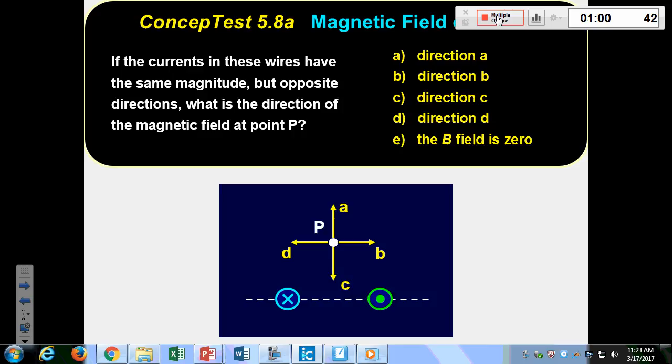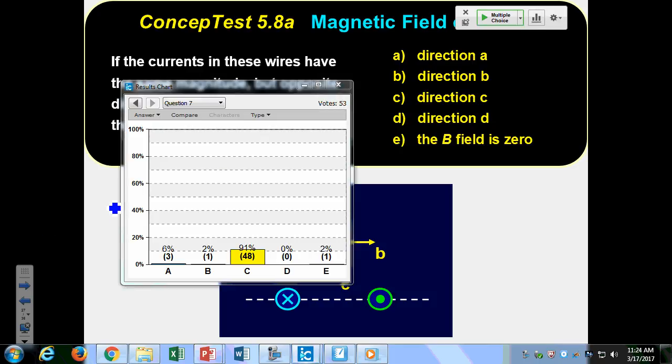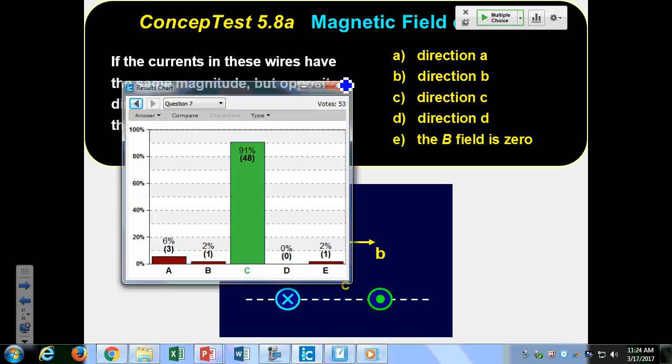All right, let's do 110. 5 more seconds. C is right.